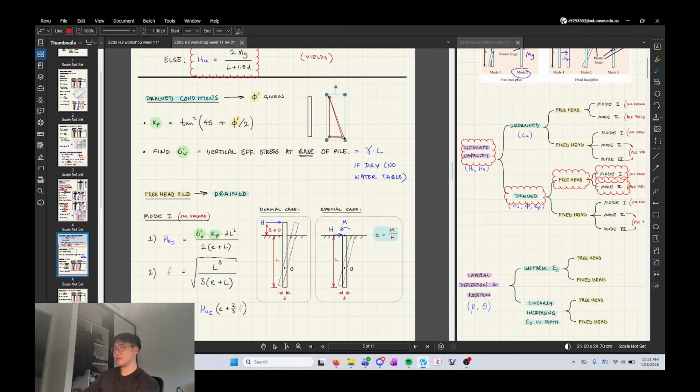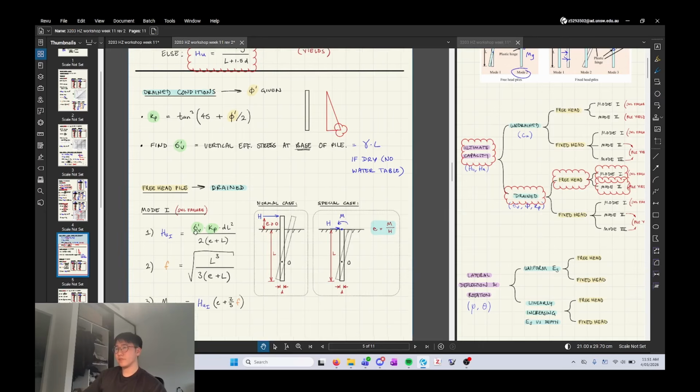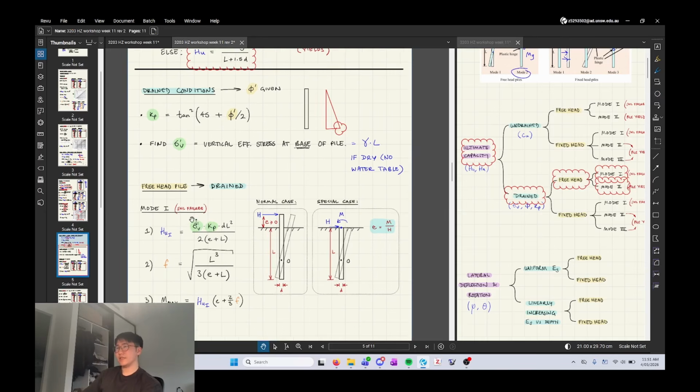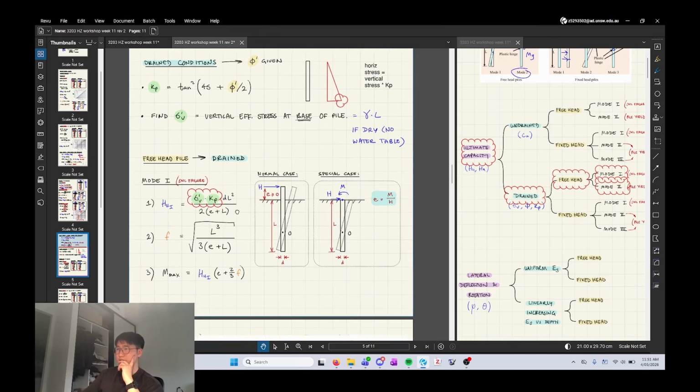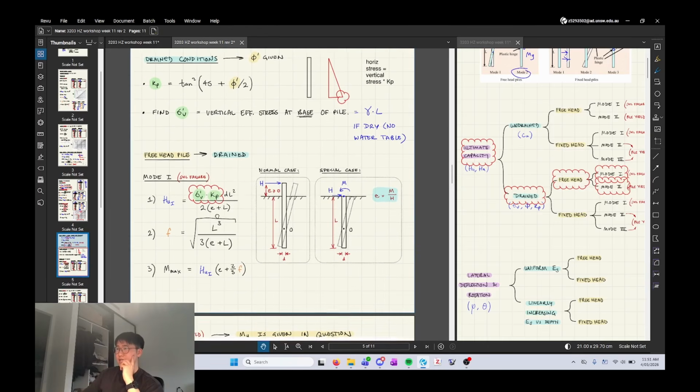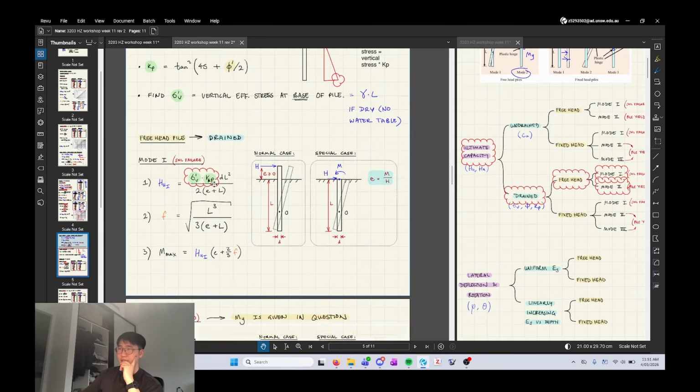So this is vertical stress, right? And you're looking for this number down here. Basically the idea is that these two things, when they're multiplied together, give you the horizontal stress. So horizontal stress equals vertical stress times Kp. So that's just those two things combined. And yeah, so you use all the other geometry, and then you find HU.